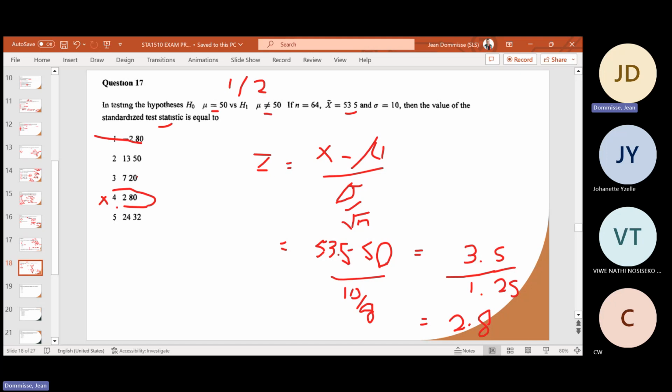It might be a next question, but at this point we can't make the mistake to work out a critical value. Okay, so here's straight, they ask us to work out the standard test statistic. So we use the formulas and then calculate it.